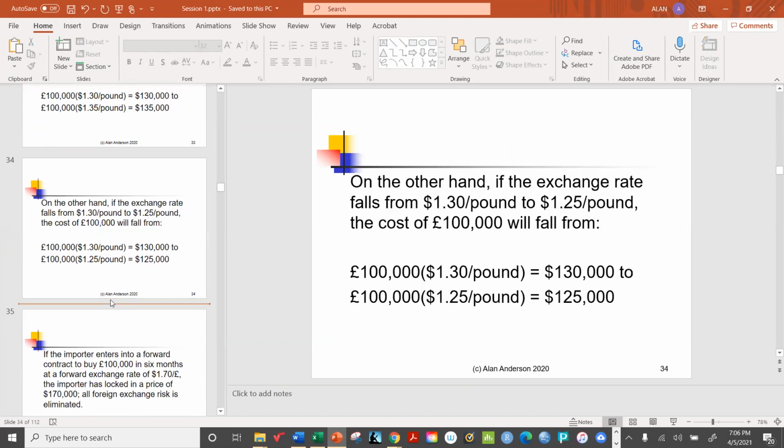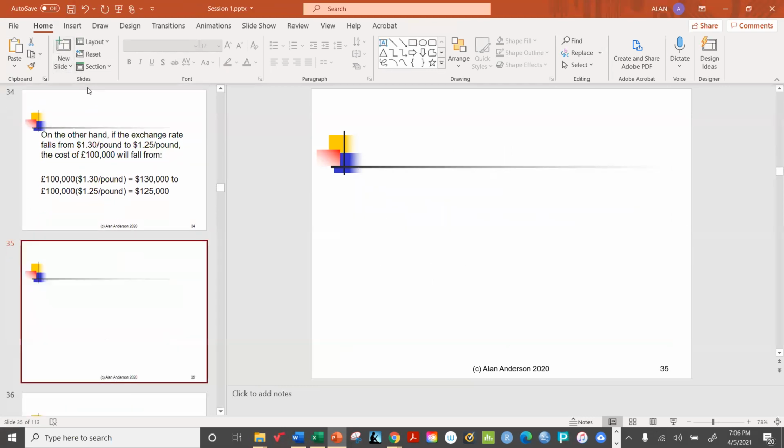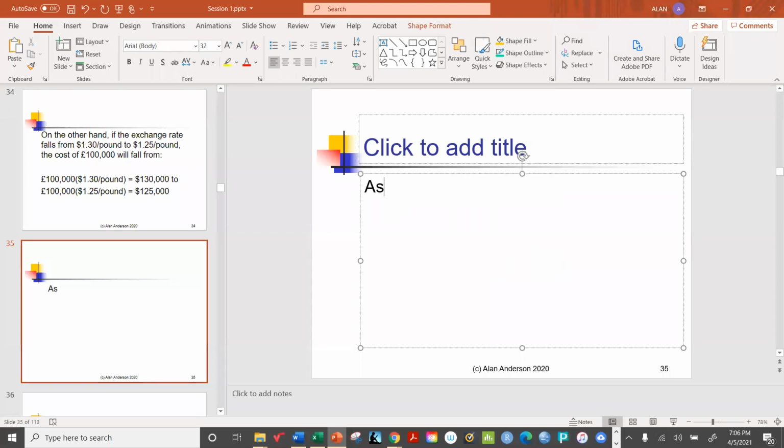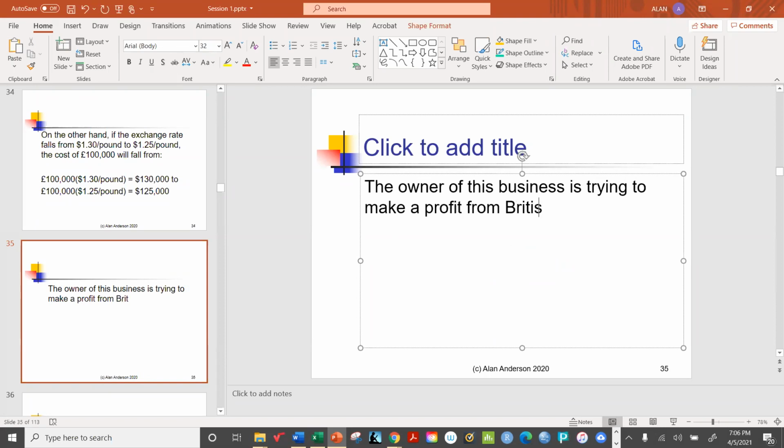So here's the thing, though. As a business owner, or the owner of this business, well, let's just say that the owner of this business is trying to make a profit from selling British goods in the United States, not to speculate on currencies.